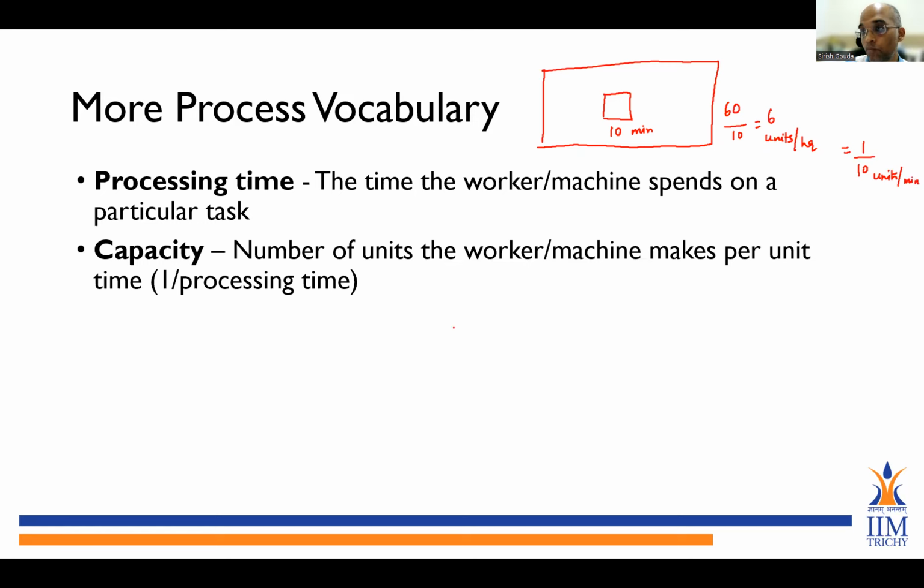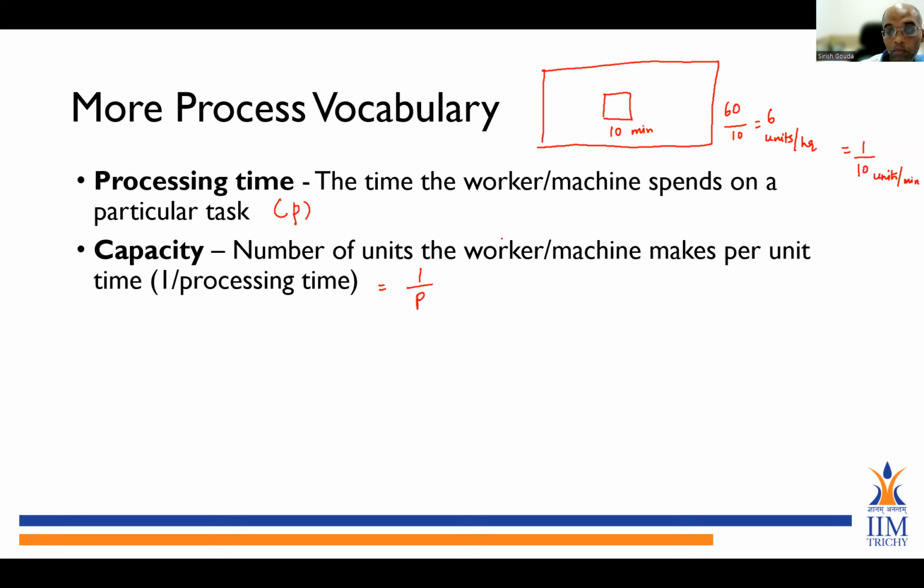So this is the way we would look at it. By that same logic, if we say that the processing time of any particular activity, resource, worker, or machine is P, the capacity corresponding to that activity, resource, worker, or machine is just going to be 1 by P, right? This is how you would look at it.